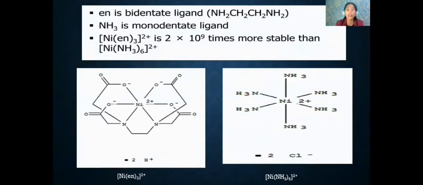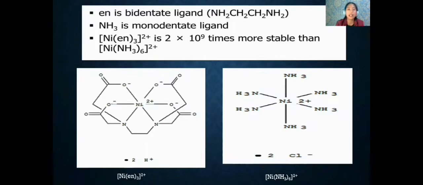So we have here an example. We have the ligand ethylenediamine, which is a bidentate ligand, and then we have ammonia, which is a monodentate ligand. As you can see, the complex that forms with the ligand ethylenediamine forms rings. It's like a crab attaching to a metal.